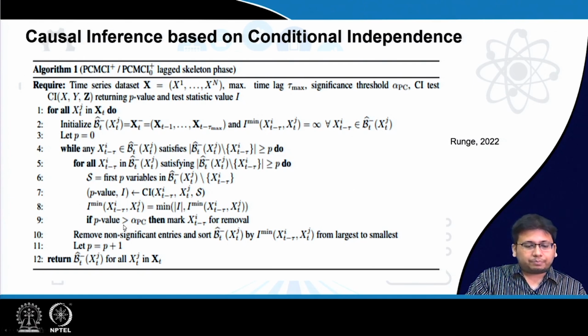Now if that p value is greater than the alpha, that means they can accept the null hypothesis that x and y are indeed independent given this particular conditioning set S. So that basically means that x at t minus tau, x at that particular lagged value, is not a predictor of y, so we can remove it from the list of potential predictors.